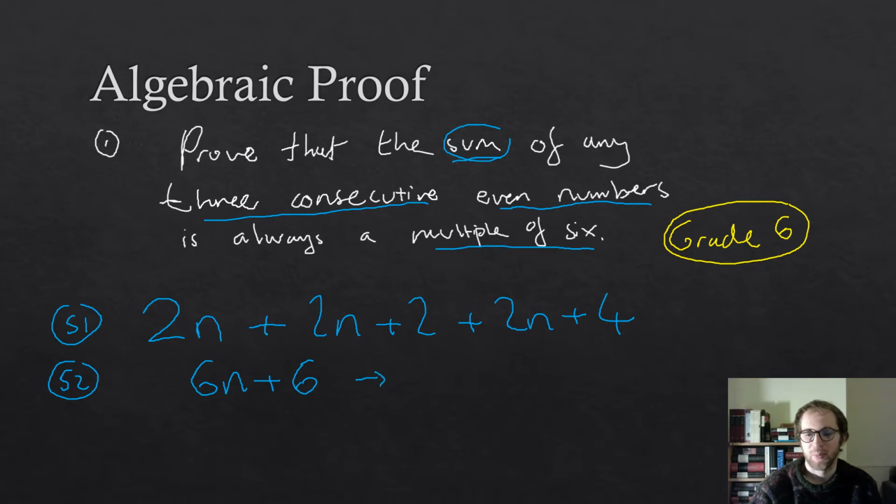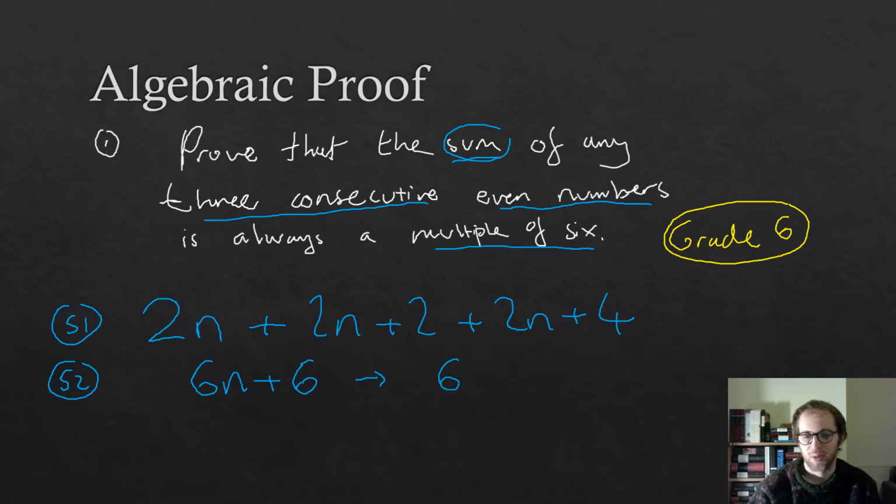And then it helps to think about what it means to be a multiple of 6. All that it means for it to be a multiple of 6 is that it's some number times by 6. So can we write this in a way where it's obvious that it's some number times by 6?